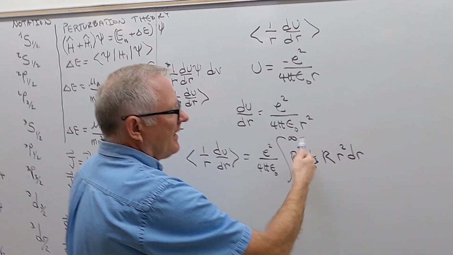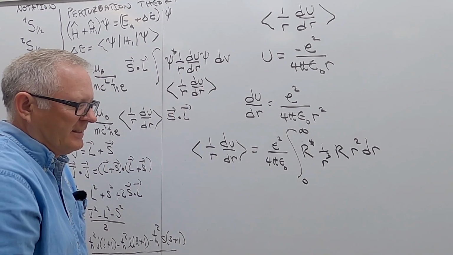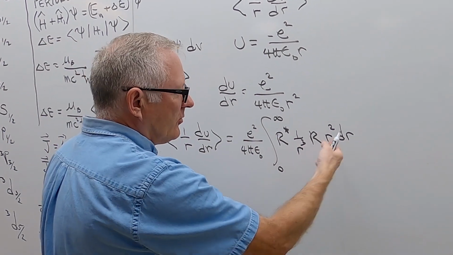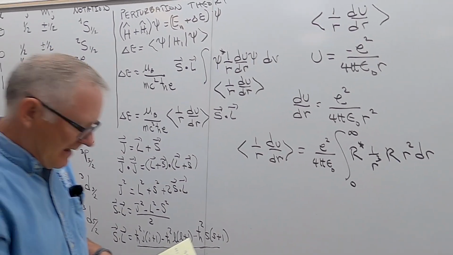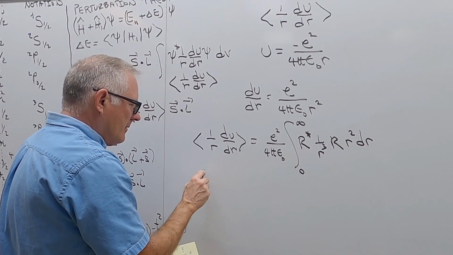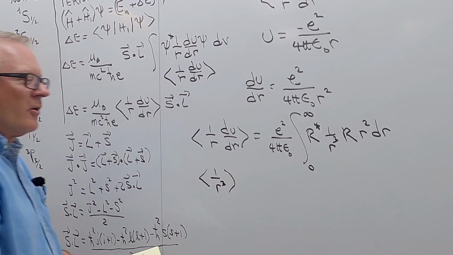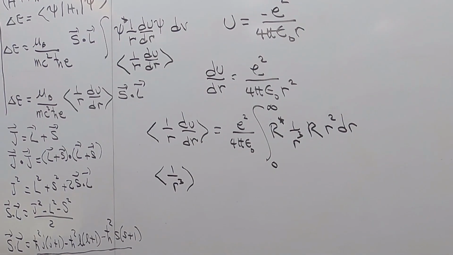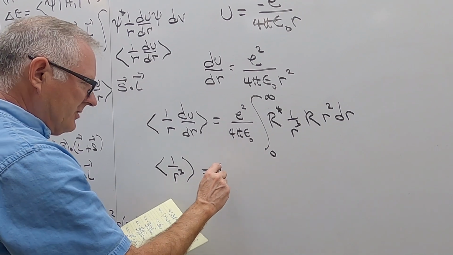If we were in the ground state, it would be easy to integrate this thing out, but it depends on both n and l. If you work it out, this just becomes 1 over r cubed. We did 1 over r before, but with 1 over r cubed, what it comes down to is 2 over a naught cubed.